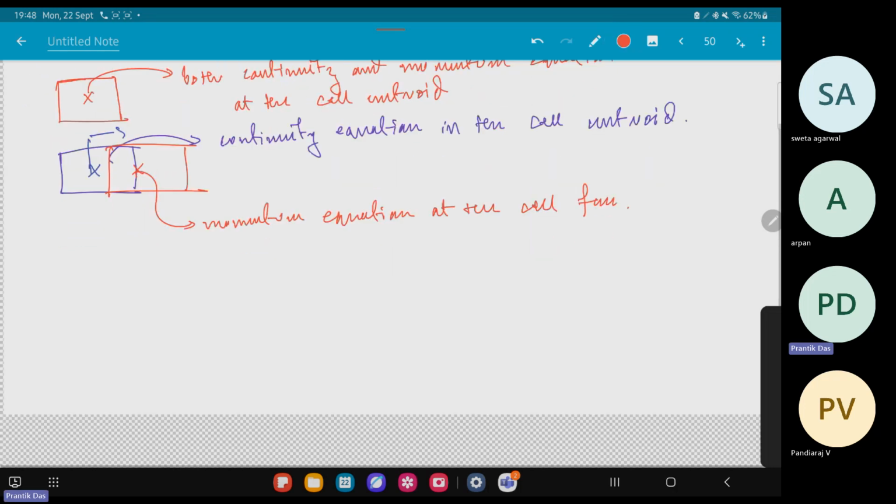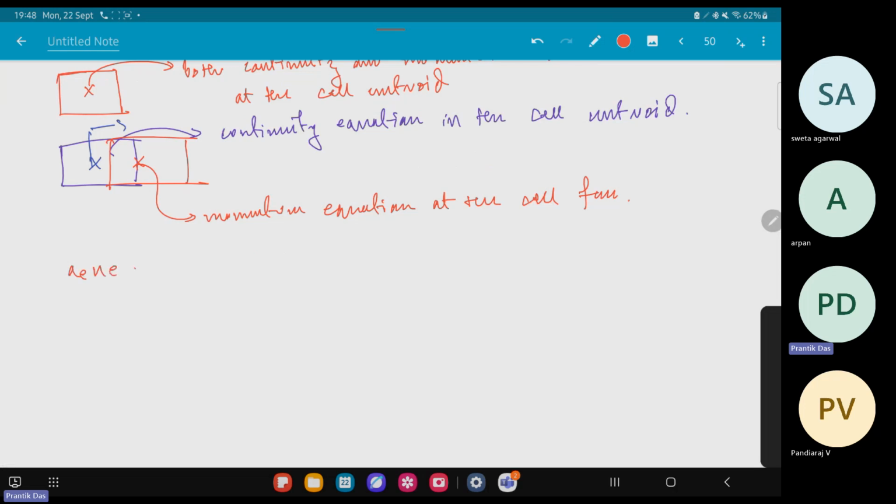So when we discretize the equation itself, A_P u_P equals sum of A_NB u_NB plus some source term, if it is there in the Navier-Stokes equation, and plus or minus dp/dx, if I'm considering it to be a one-dimensional equation as of now, and then this dV, and then there is a control volume integration over it.